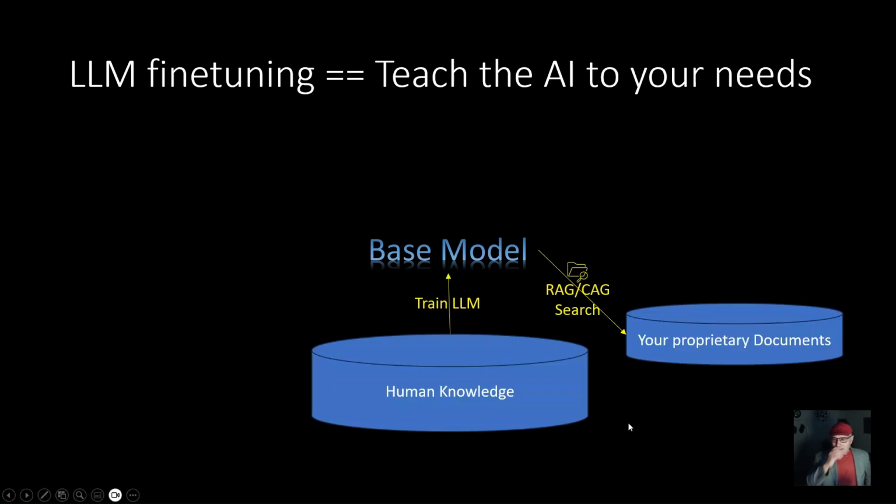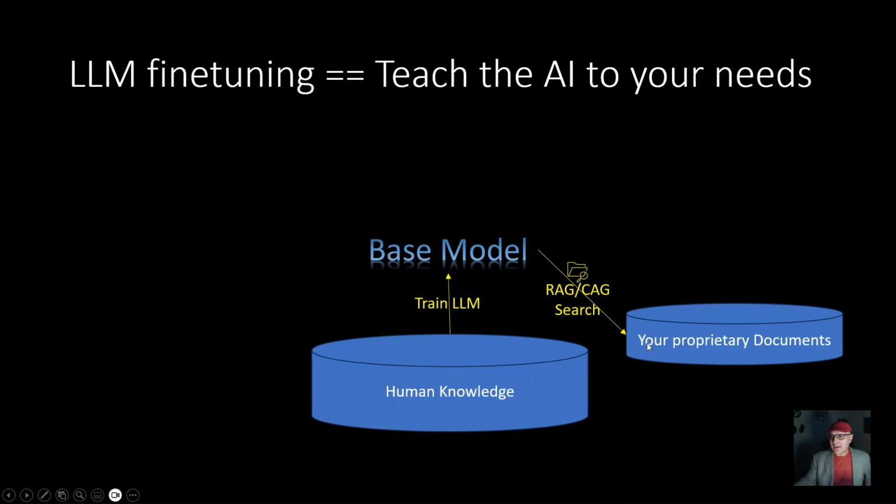We know that if we want the base model to use our own data, then we'll use things like RAG and CAG. However, RAG allows me to search and find things in my data based on the context that comes from the human knowledge. It doesn't really fully understand my data.